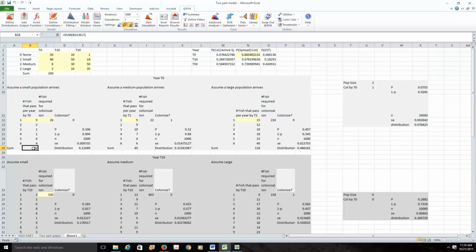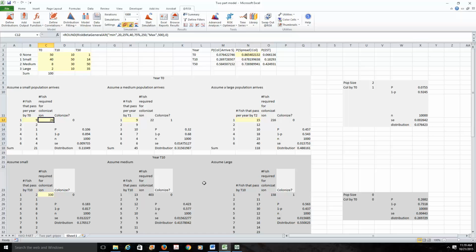Because these sums, 3 that we see in the current screenshot, are going to be important to us. And this is the value that we're going to focus on right now. This value here is a critical value that would be elicited from our experts. And what we would ask is, what is the smallest number of fish that must get through the system by year T0 to convince you they will colonize?